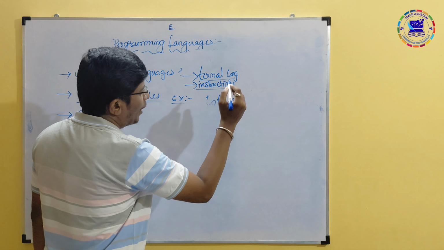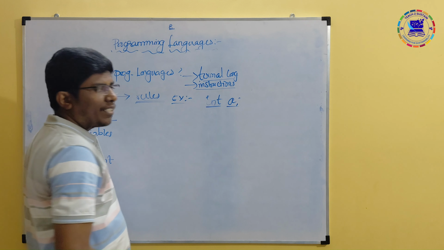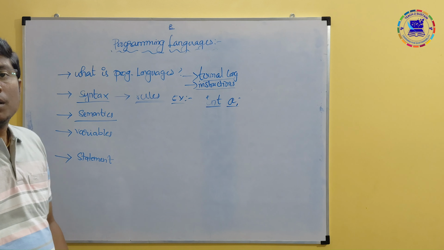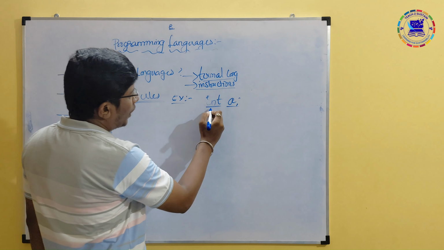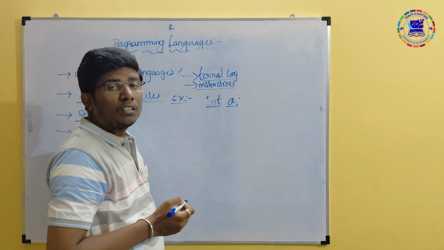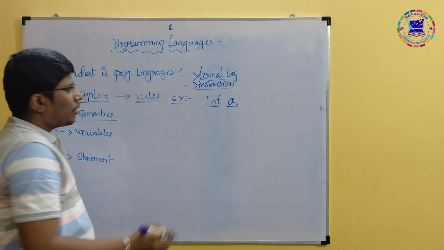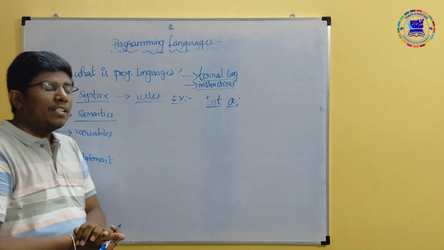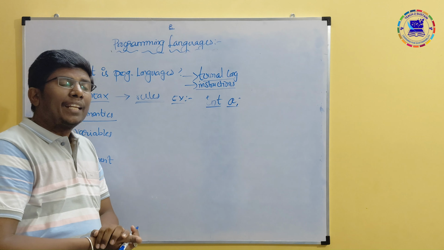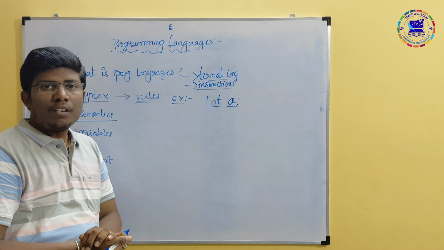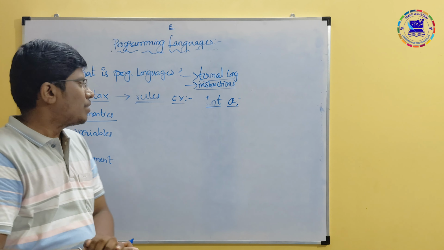Here a is a variable and int is an integer, that is the data type. Here we are writing the data type followed by the variable, that is a rule followed in the C language. This is what is called syntax. We should write the program in the syntax defined for the particular language.